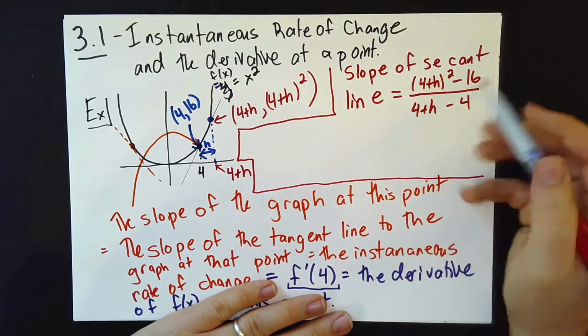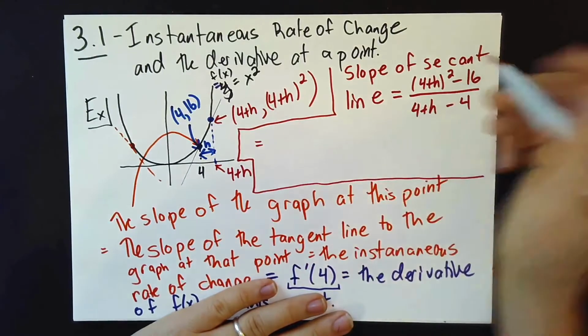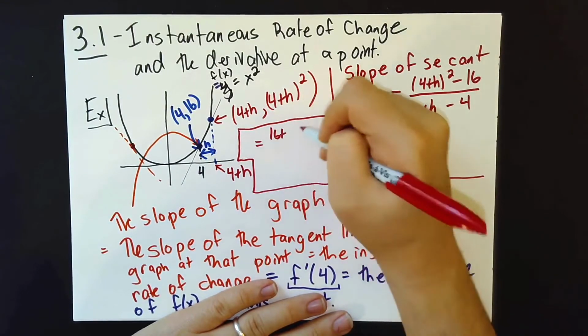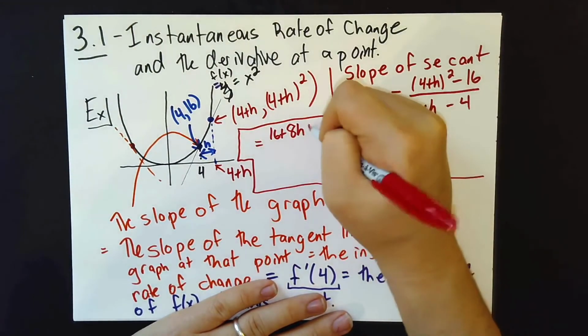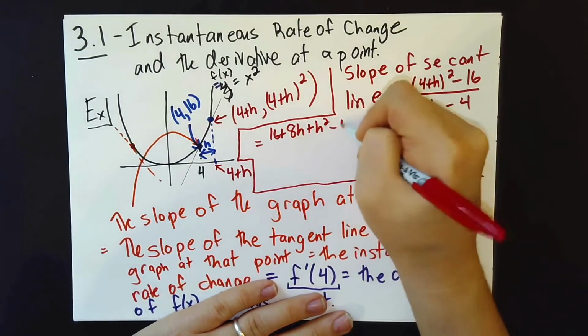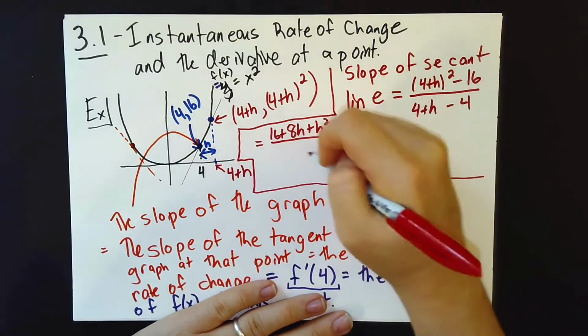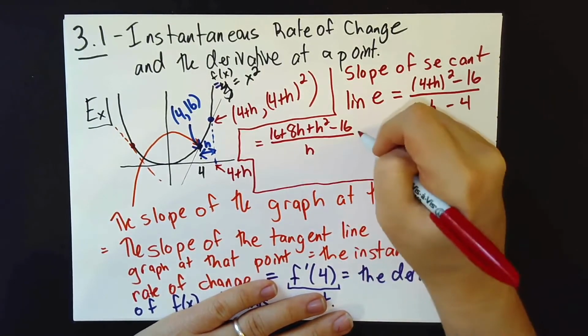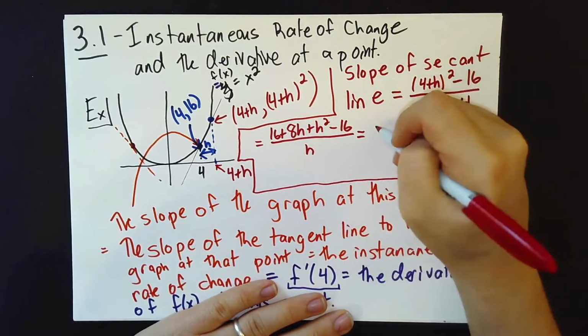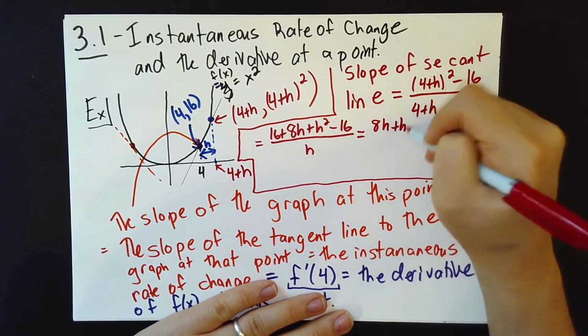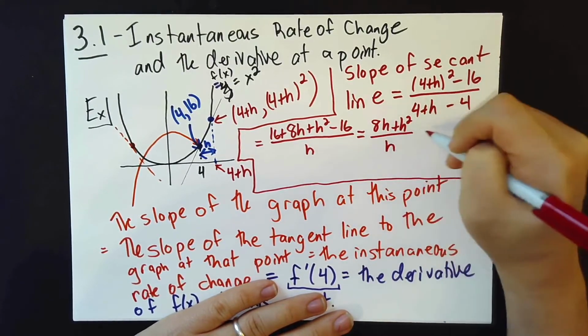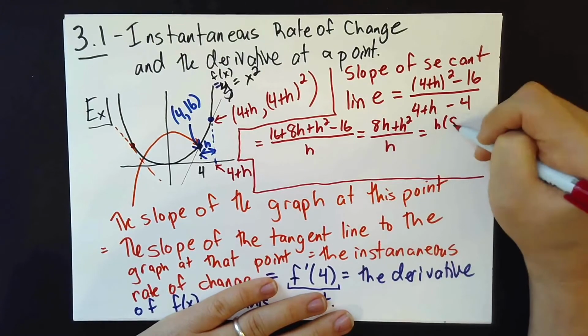Namely, that is going to be 16 plus 8h plus h squared minus 16 divided by, and then the 4's are going to cancel, so I'm just going to get divided by h. So this is going to be 8h plus h squared divided by h. I'm going to factor the h out.